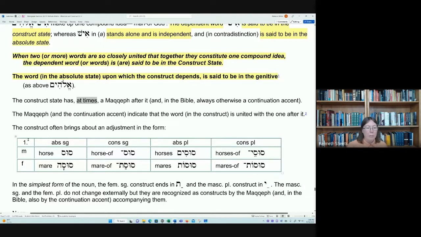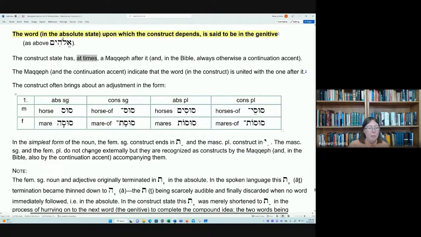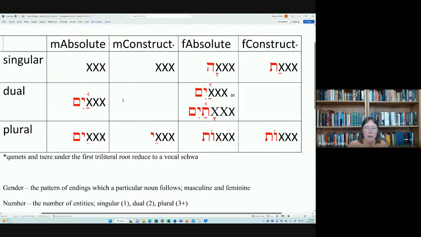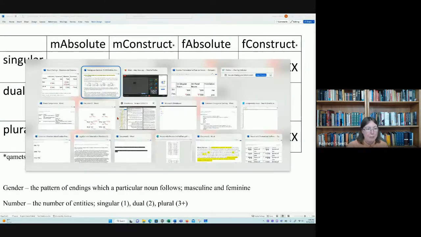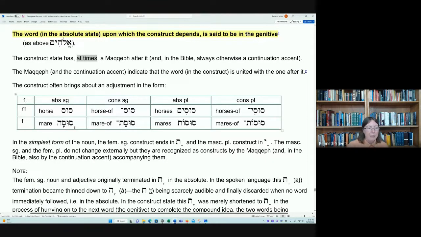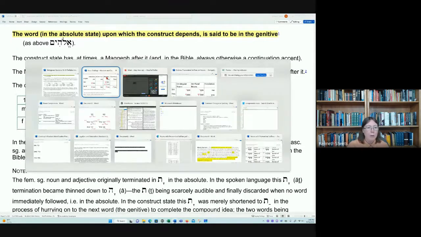The construct often brings an adjustment in form. So this now is where we'll be able to see those noun endings that we were taking a look at over here in this particular chart. Now we can see them in text. So masculine singular absolute, sus, horse. When it goes to construct, again, it's just sus. So there is no ending.